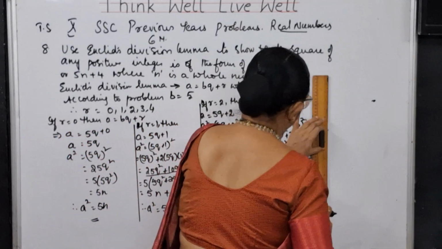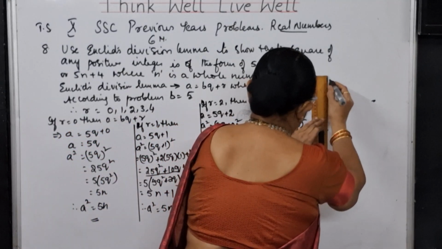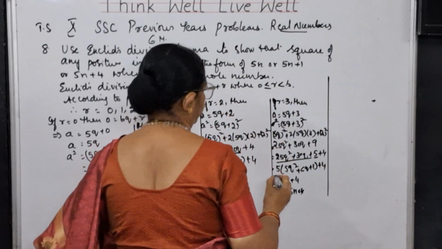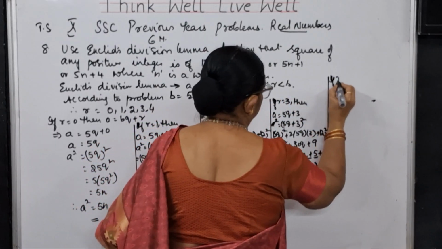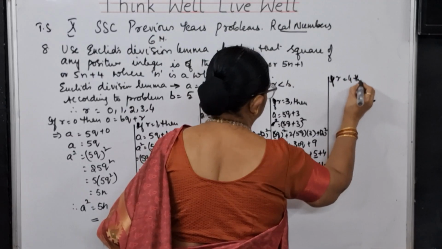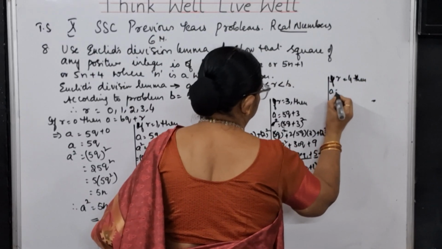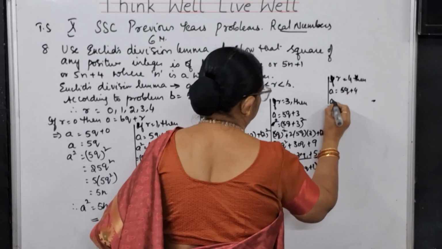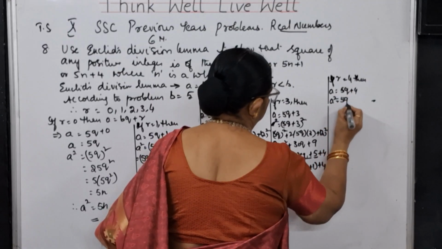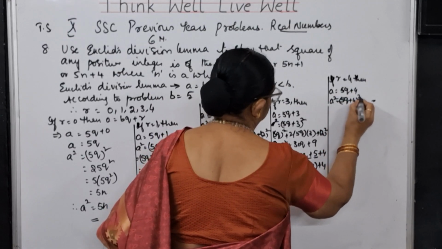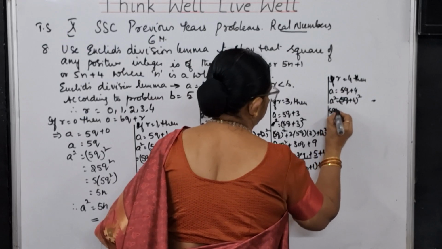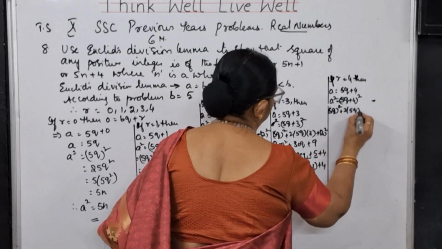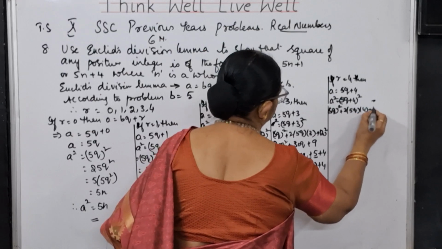Now, let me see the last one. If R is equal to 4, then A is equal to 5Q plus 4. A square is equal to 5Q plus 4 whole square. That means A square plus 2 into A into B plus B square.